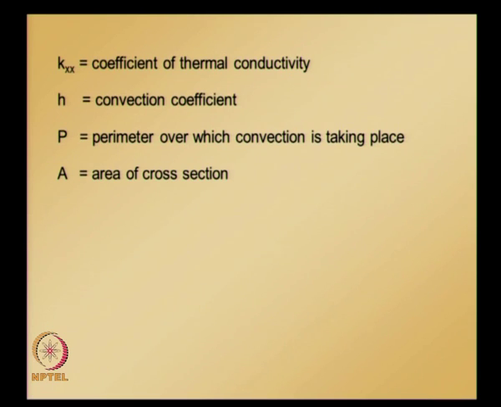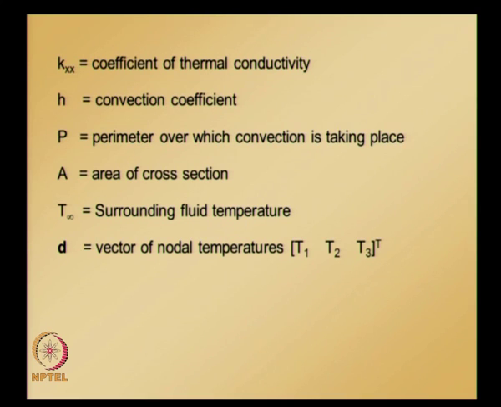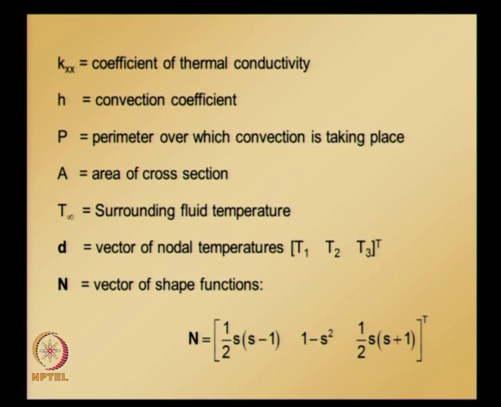So, k_xx is coefficient of thermal conductivity, h is convection coefficient, p is perimeter over which convection is taking place, A is area of cross section, T infinity is surrounding fluid temperature, d is vector of nodal temperatures, N is vector of shape functions, and here we are dealing with a 3 node quadratic 1D element.